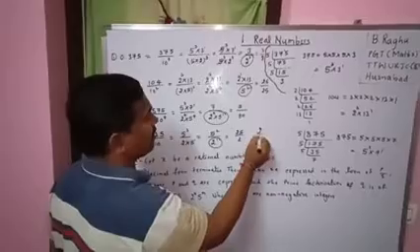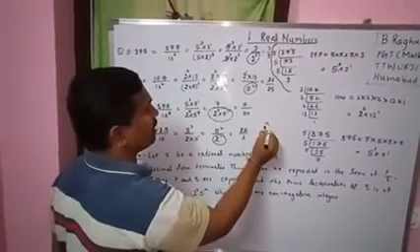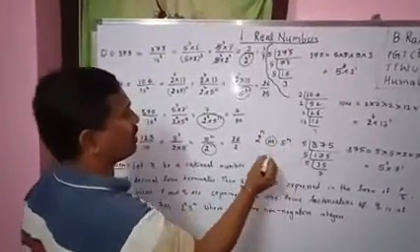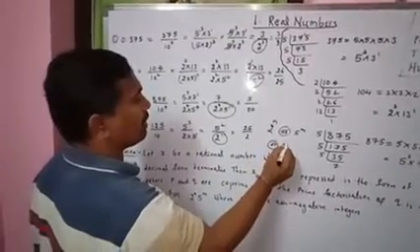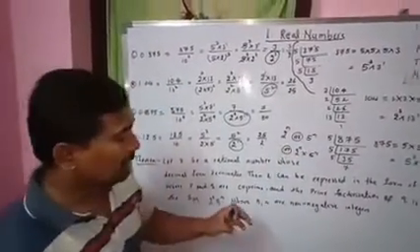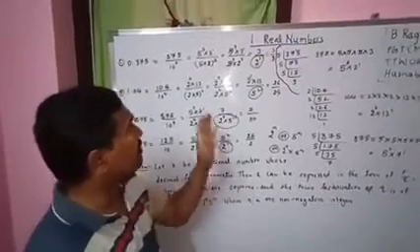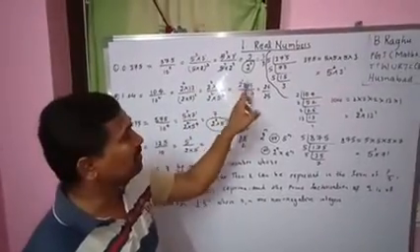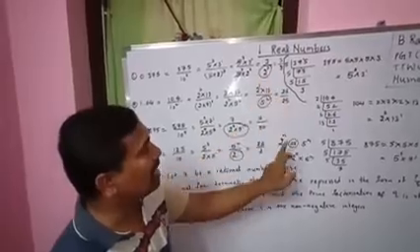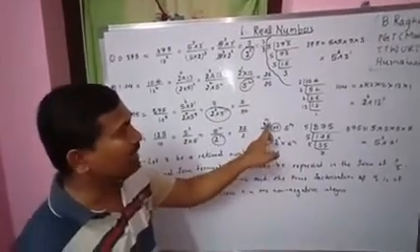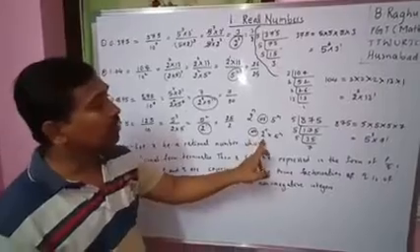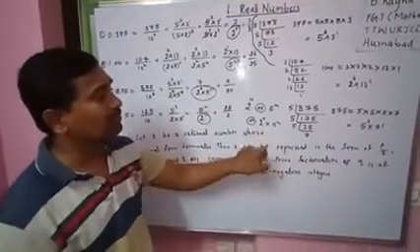So the denominator contains 2 power n or 5 power m or 2 power n into 5 power m. Are you getting it? If terminating decimals are converted into p by q and simplified, then the denominator q is in the form of 2 power n or 5 power m or 2 power n into 5 power m.